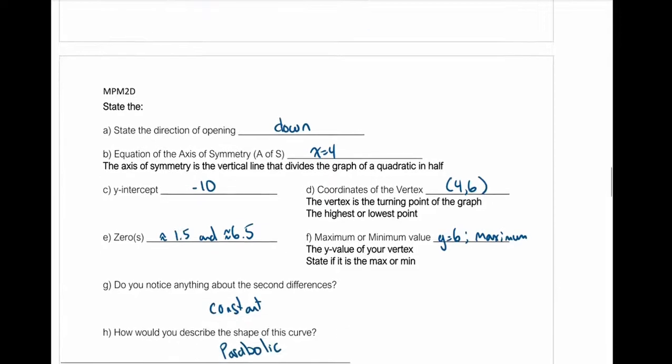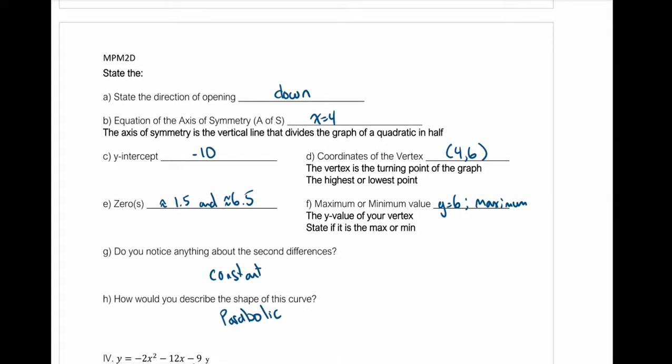So looking at the questions, again, you can get most of them from looking at that graph. This is an example where the direction of the opening is down. So this is a little different from what we've seen before, because now we can see that it's opening down. Hopefully you can see the difference between something that's opening down and something that's opening up. The equation for the axis of symmetry is x equals 4, the y-intercept was -10.